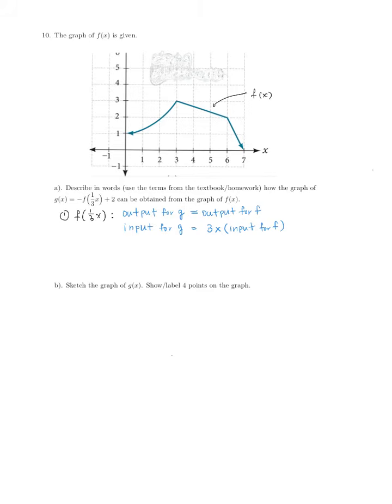Okay, now let's go with step 2. All right, step 2, let's just look at negative f of 1/3 x. Okay, so what does that mean? If I multiply the expression, the graph that I'm going to get from circle 1, all I have to do is reflect that about the x-axis.